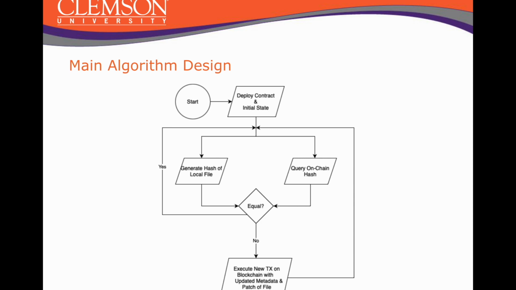When the blockchain is queried, the Python script compares the queried hash with the generated hash from the device file, and if those are equal, there is no change and no configuration added to the blockchain. But if there is a change, there will be a difference between the two codes, and that difference will be sent to the blockchain to store the difference between the altered configuration and the machine file that was already being stored on chain.